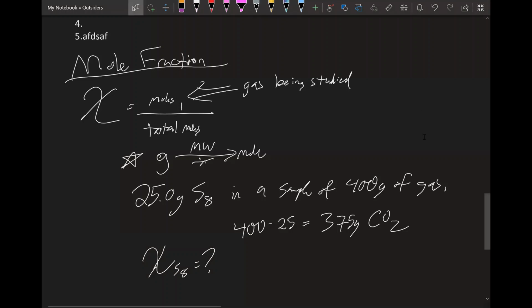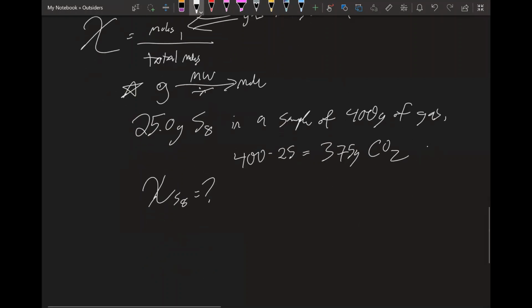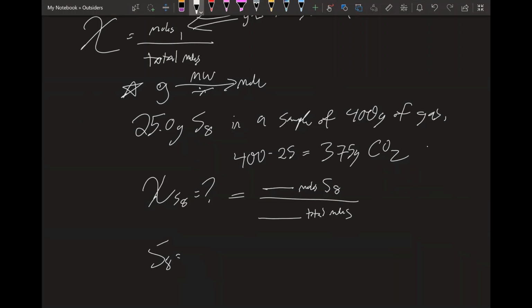All right. So in order to answer this, we need to figure out how many moles of sulfur are present divided by the total moles. Now, sulfur, there's 8 of those, and each sulfur measures out at 32.